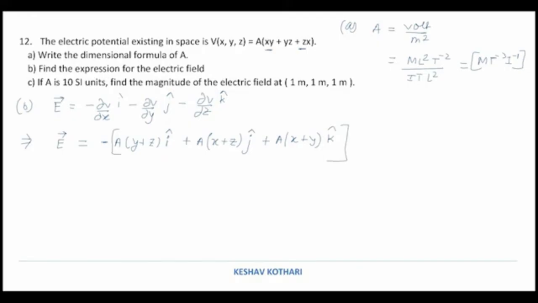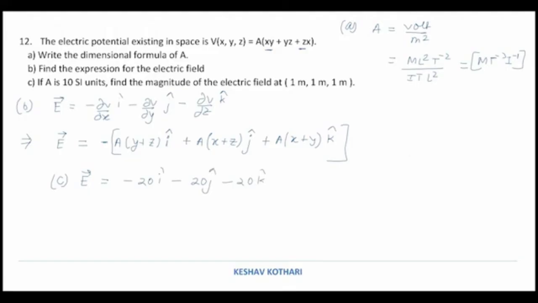Now we just need to put the value in the second part. Over here the question is asking to find the magnitude of electric field at (1, 1, 1). So if I add 1 plus 1, it will become 2. 2 into 10 is becoming 20. So for the C part, the electric field expression will become minus 20 i cap, minus 20 j cap, minus 20 k cap.